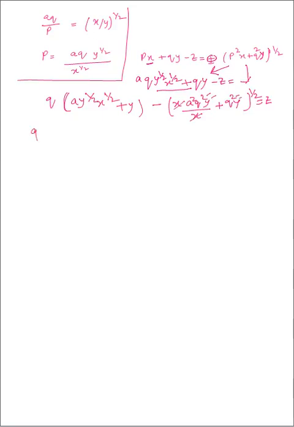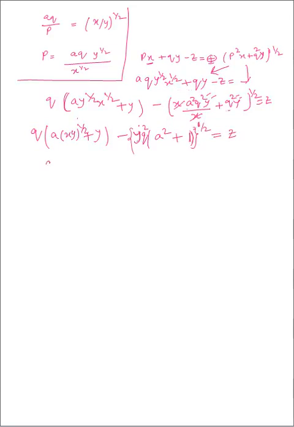So q a x y to the power half plus y minus y q square a square plus 1 to the power half is equal to z.